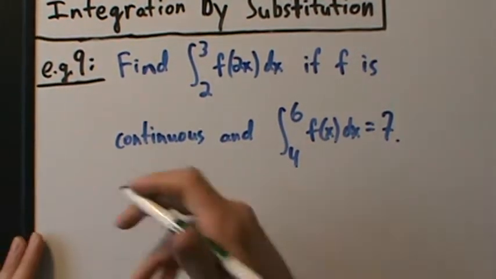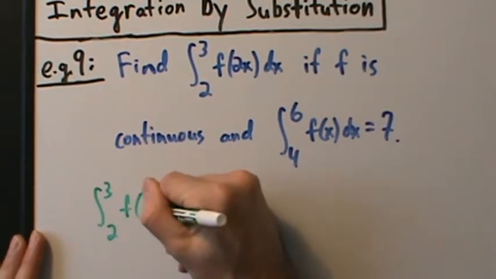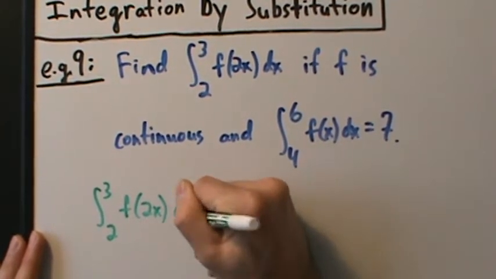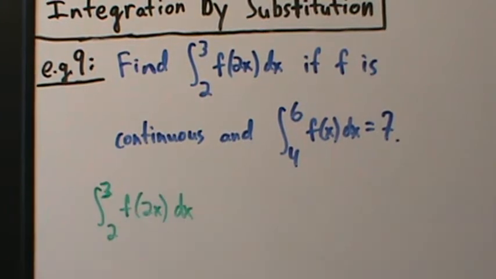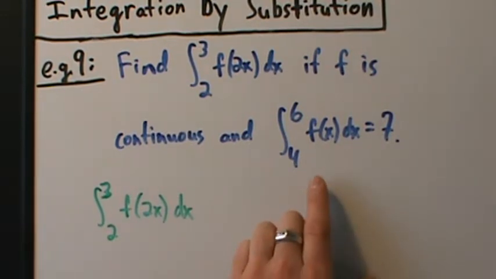We want to figure out the integral from 2 to 3 of f of 2x dx. We're talking about integration by substitution, and the only thing that we know is this, so let's do a substitution. Let u be the inside guy. I know what f of just a variable is. If I integrate that from 4 to 6, I know what that value is.